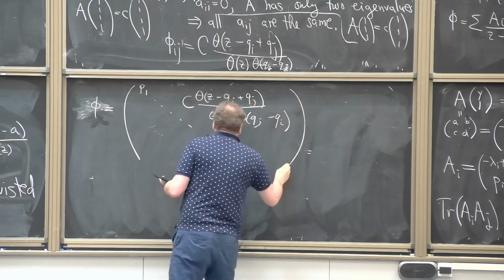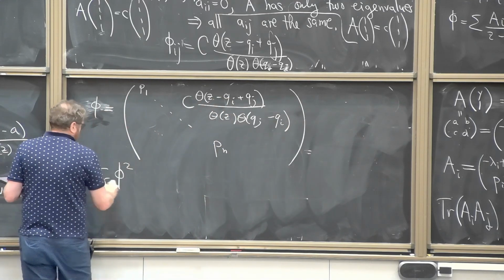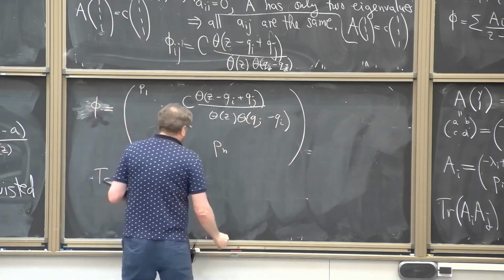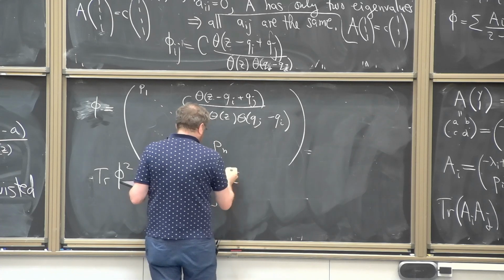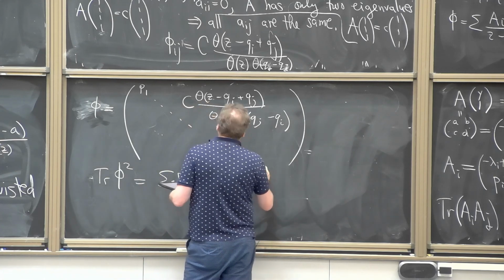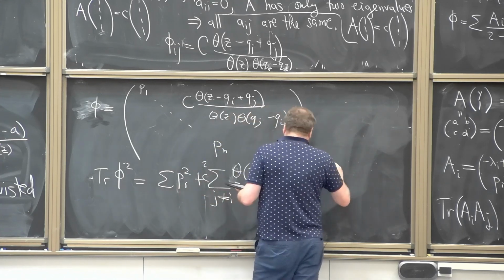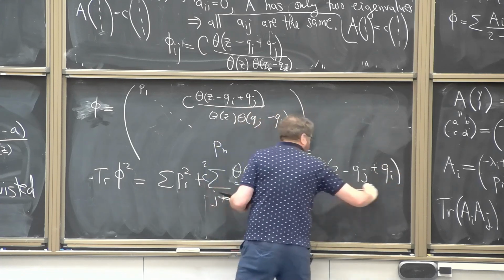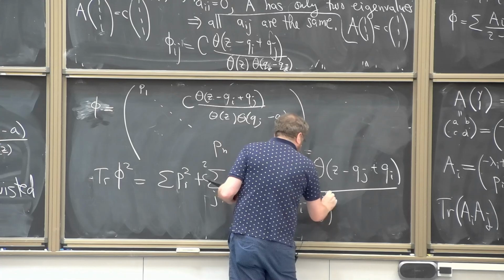And then you can compute the trace of phi squared. This is going to be the sum of pi squared plus the sum over j different from i of c squared times theta of z minus qi plus qj, theta of z minus qj plus qi, divided by theta of qi. This is an odd function, so this is just a square.